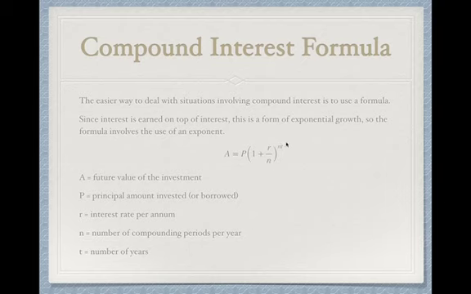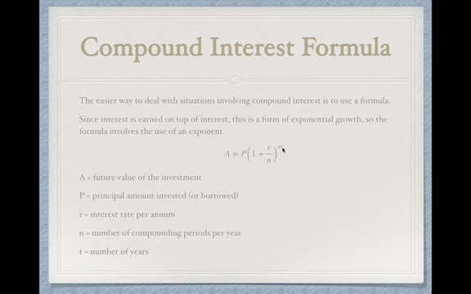Now up here in the exponent, you have two variables, nt. This means that they're multiplied together. So you'll need to figure out what the exponent is supposed to be by taking n, the number of compounding periods, and multiplying it by the number of years. In that last hypothetical example, something compounded monthly for 20 years would take us 240 interest calculations.